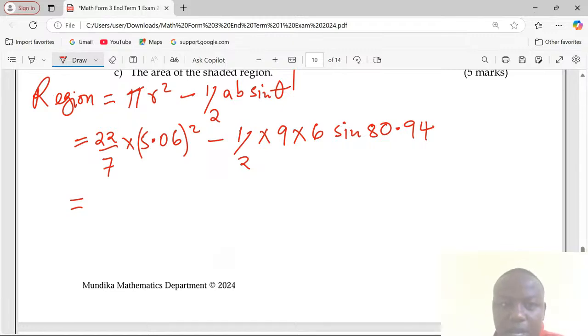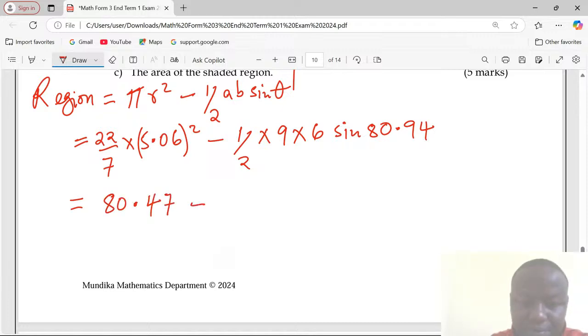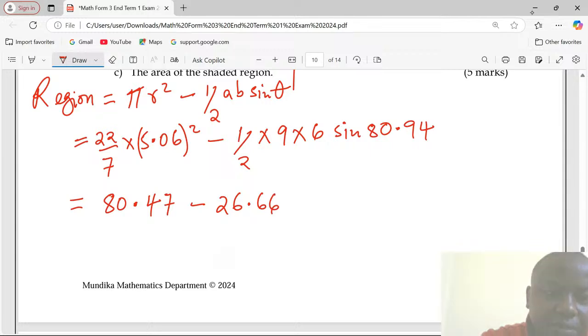For the circle, I have 22/7 multiplied by 5.06 squared, and this will be 80.47, minus half multiplied by 9 multiplied by 6, the sine of 80.94. This will be 26.66.